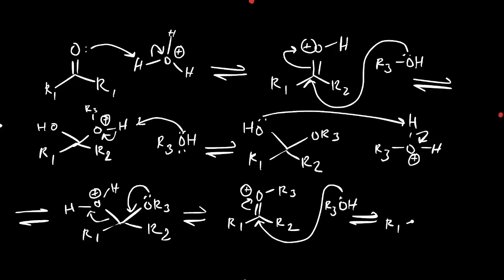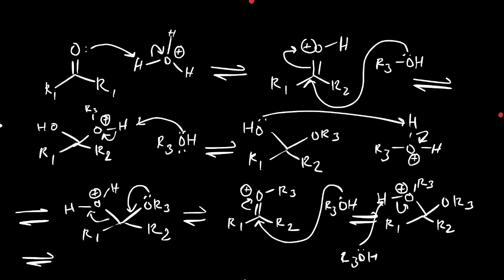So the last thing we're going to have to do now is a deprotonation, right? We have this R3, but we still have a hydrogen there. So we're going to have to deprotonate. How do we do that? Well, we can just use another alcohol molecule to grab onto this hydrogen, push off those electrons.